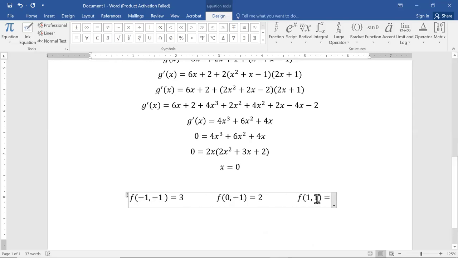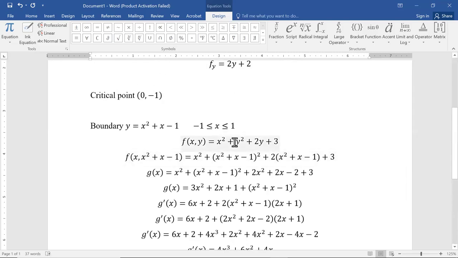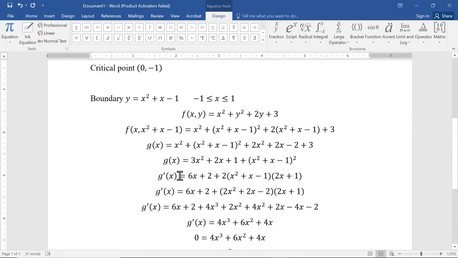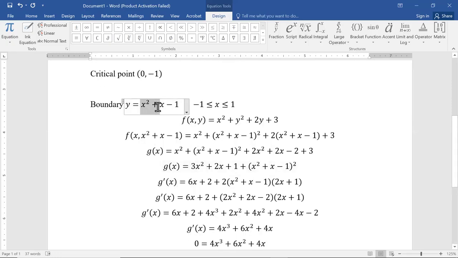And if I plug in 1, 1 into this function, I get 1 squared plus 1 squared plus 2 times 1 plus 3, which gives me a 7. Now that's the harder boundary because we had to substitute this x squared plus x minus 1 in for my y.